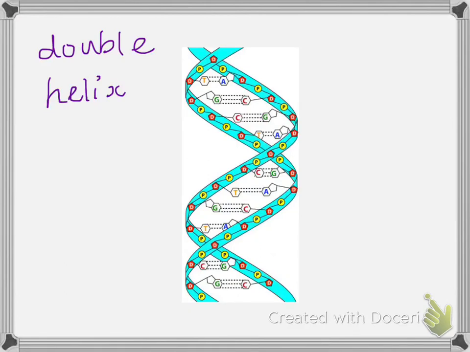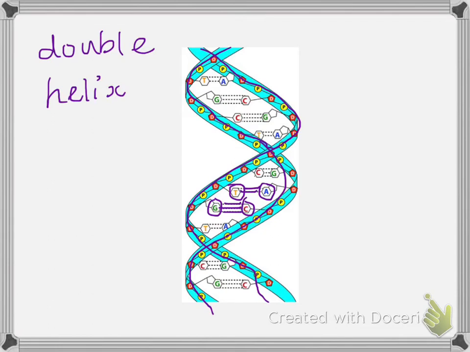Here you can see the sugar phosphate backbone, and the 2 anti-parallel strands are joined by the hydrogen bonds between the nitrogenous bases. Guanine pairs with cytosine with 3 hydrogen bonds.